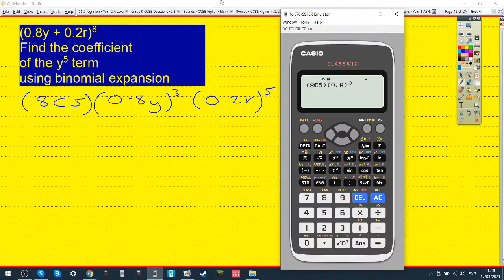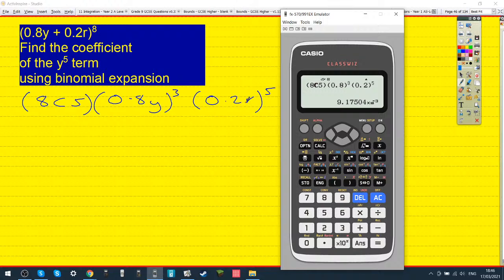And then 0.2 without the r. That one's to the power of 5. So 8 choose 5, 0.8 to the 3, and then 0.2 to the 5.